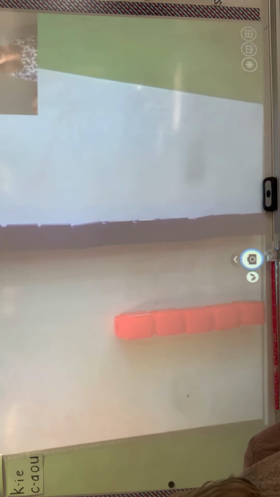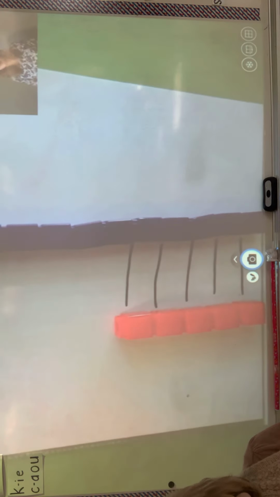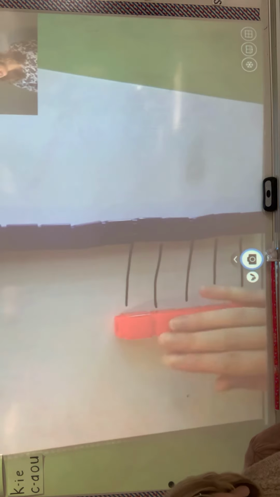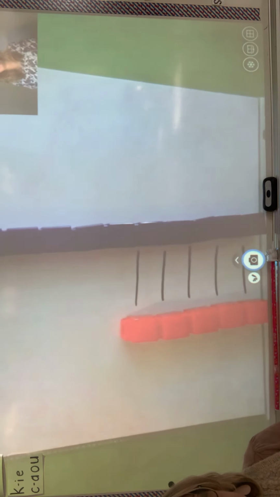We could also draw lines from one cube to another to see if they are the same. Watch as I do that. I notice that we can't keep drawing lines because there's no more red cubes. That's another way that we can tell that those cubes are not the same.